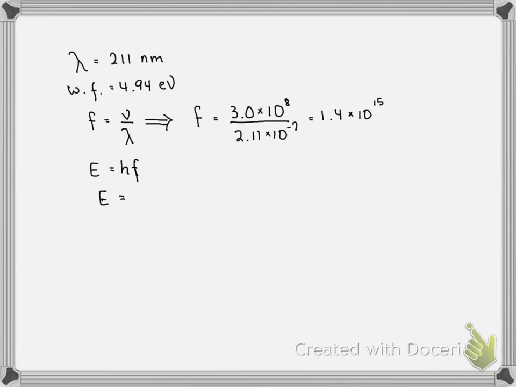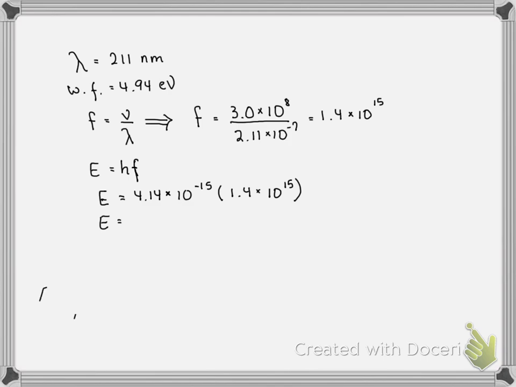Because we were given the work function in electron volts, we are going to use Planck's constant in electron volts, 4.14 times 10 to the negative 15th, times the frequency that we just solved for, 1.4 times 10 to the 15th.